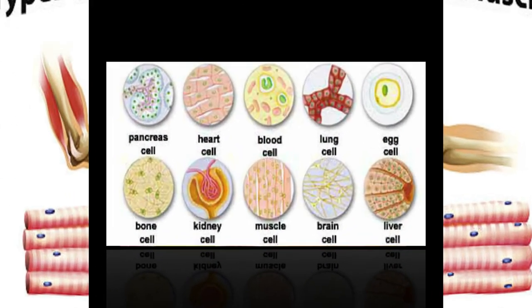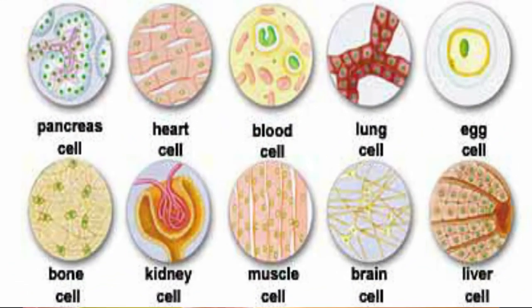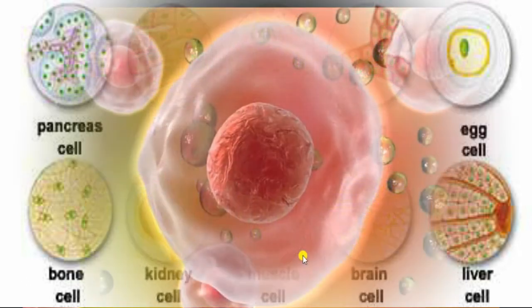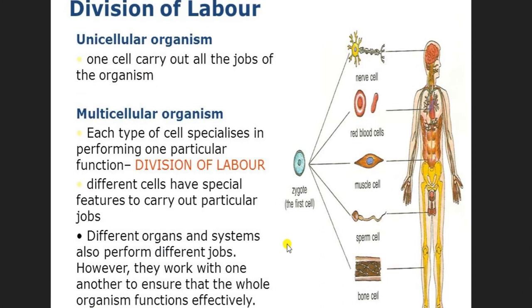So here you can see that there are so many types of cells present in our body and each has a different function to perform. So here comes the division of labor. Labor means the work and division means how it is divided for a particular cell. In a unicellular organism, as you know, one cell carries out all the jobs of the organism.